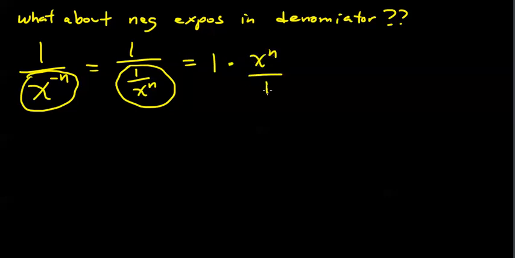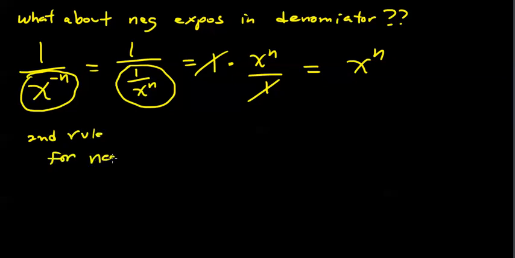Invert that denominator expression and multiply by the numerator. Of course, factors of 1 and divisors of 1 cancel each other out, and I end up with x to the nth power. So this is my second rule for negative exponents. Now it states 1 over x to the minus n is equivalent to x to the nth power.